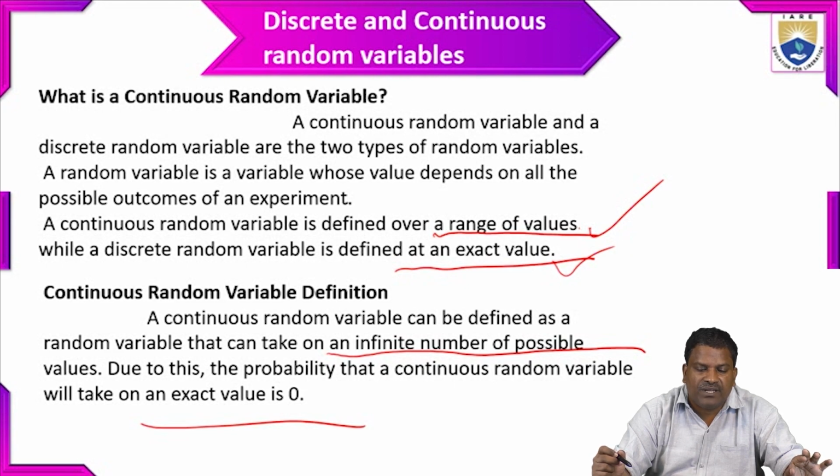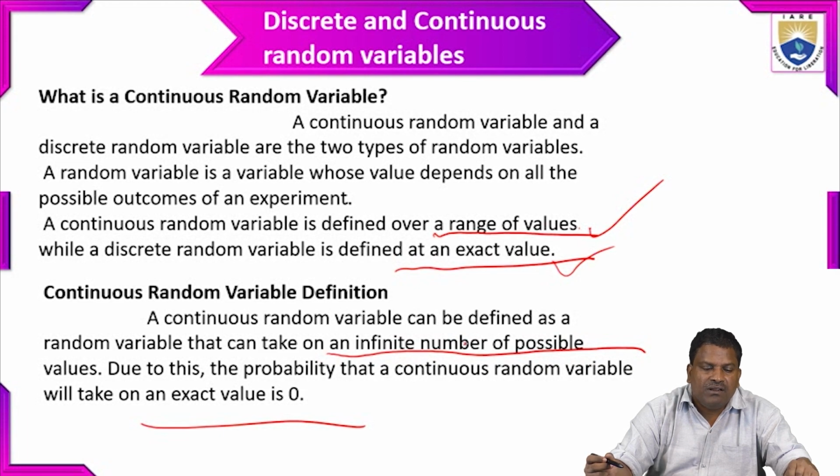A continuous random variable can be defined as a random variable that can take on an infinite number of possible values. Due to this, the probability that a continuous random variable will take on an exact value is 0 because it lies in a group or interval.